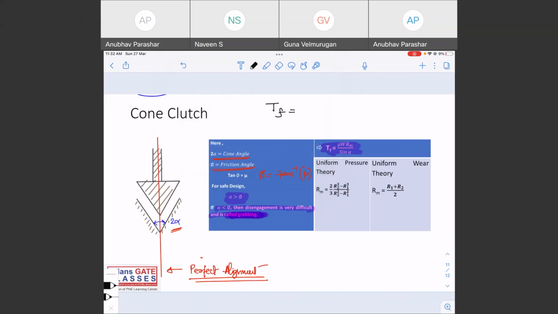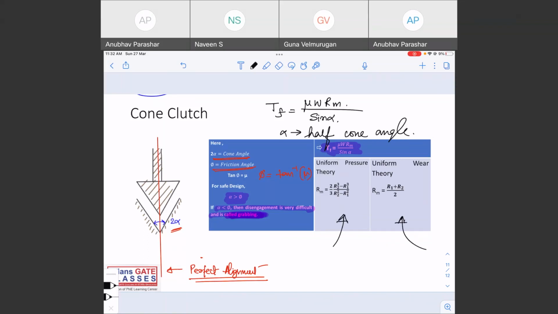The torque is equal to mu W Rm, same as the earlier clutches we have seen, only divided by sine alpha, where alpha is the half cone angle. And then you can use either the uniform pressure theory or the uniform wear theory.